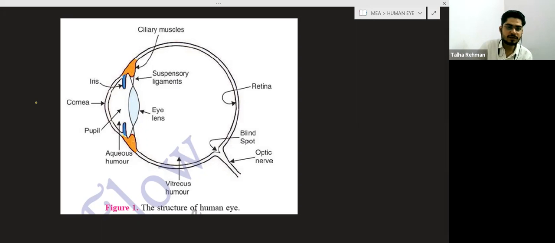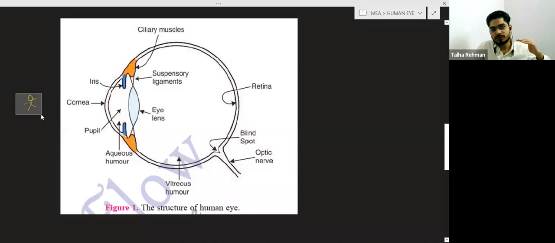What happens? Suppose here is one object, na? And the object is a source of light. I have told you. Light goes from this object to the eye through the cornea, and after that enters the pupil and passes through the pupil, and after that strikes this eye lens.